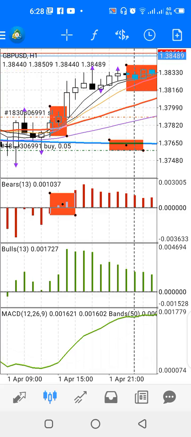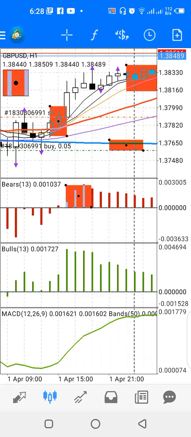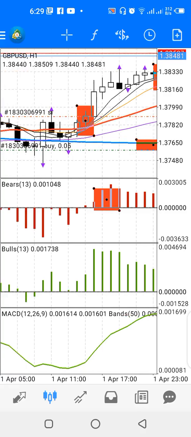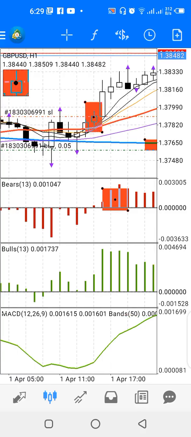So when price moves above all the moving averages, above the 0 level on the bears indicator on indicator window 1, and price starts to move above all the moving averages, especially when it closes above, like you have a close above here, it's a very good indication that you can buy.